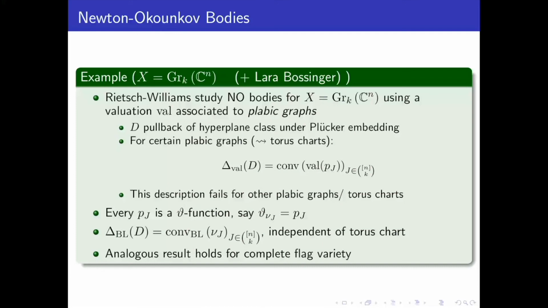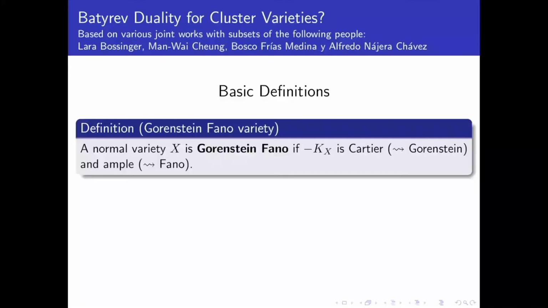So the final application is to, hopefully, give a version of Batyrev duality for varieties instead of for toric varieties. This is really based on various joint works, and some of them are done, some of them are in progress, and some of them are just kind of nebulously planned at this point.